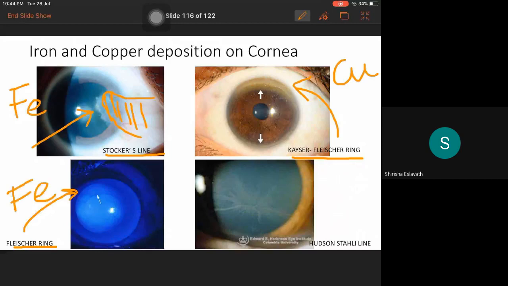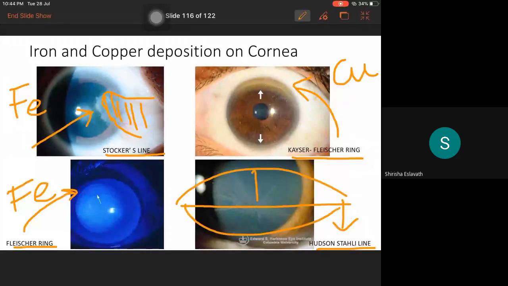Then you have something known as a Hudson-Stahli line. What is this Hudson-Stahli line? This is seen in normal elderly people. Normally, if you look at the eyelids, they meet exactly at the junction of upper two-thirds and lower one-third.